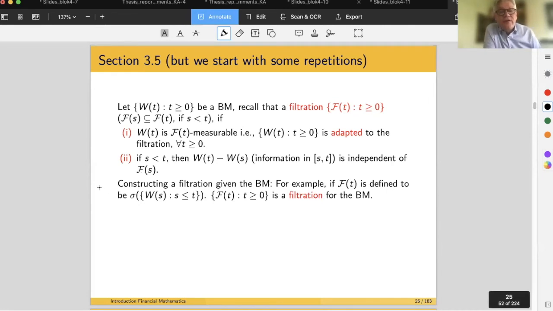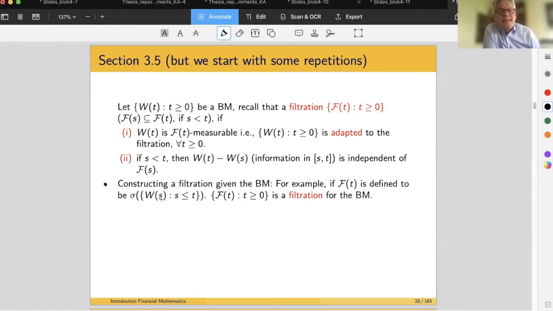Now, constructing a filtration, given the Brownian motion. For example, if we define Ft to be the sigma algebra generated by Ws, where s is less than or equal to t, then Ft for t greater than or equal to 0 is a filtration for the Brownian motion.